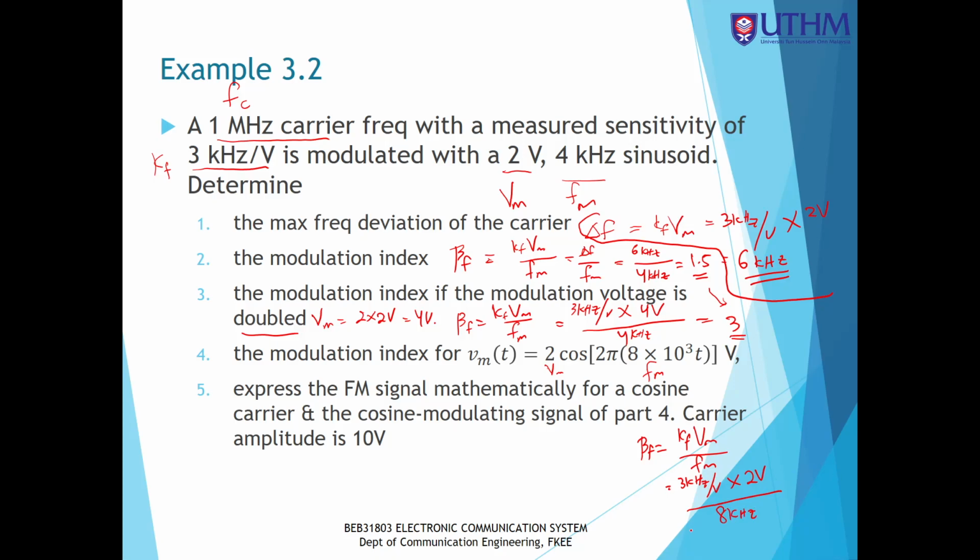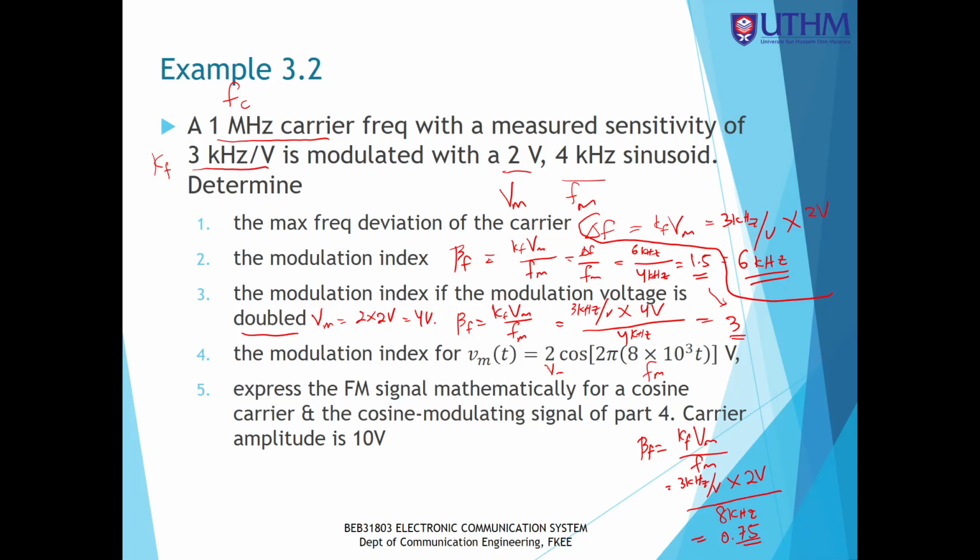Okay, so you will get this equal to how much? So this will become 0.75. Okay, you can use your calculator. So this is 6 divided by 8, so you get 0.75.